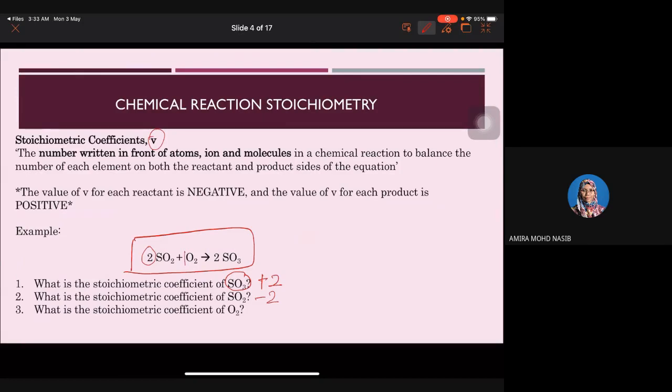From this equation, the answer is 1, and the sign is negative since oxygen is a reactant. That is why I said just now you need to make sure that your stoichiometric equation is balanced. If not, all your answers will be wrong.